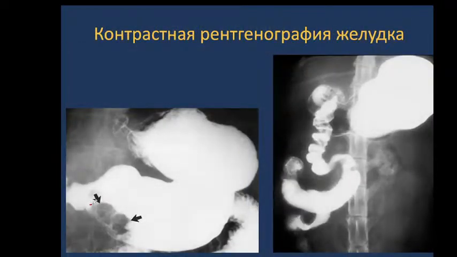Here you see stomach cancer. It is like a tissue object, because it is not filled with barium, and it is like another object which is joined to the stomach wall. And here you see the operated stomach after gastrectomy.